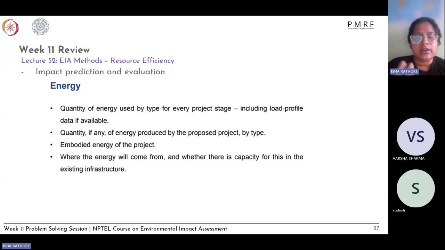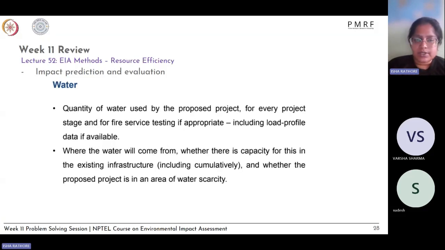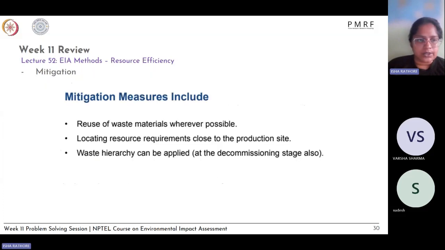Embodied energy is when a certain amount of energy has been used in the manufacturing of a product. That is also considered for the different construction materials. So what is the energy which is going into your project and what is coming out? Similarly, for other resources, water, waste, all of this is looked at. Then we look at mitigation measures.